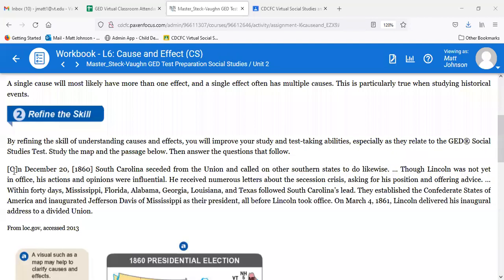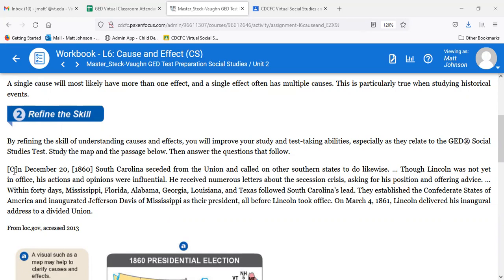So it says here, on December 20th, 1860, South Carolina seceded from the Union and called on other Southern states to do likewise. Though Lincoln was not yet in office, his actions and opinions were influential. He received numerous letters about the secession crisis, asking for his position and offering advice.